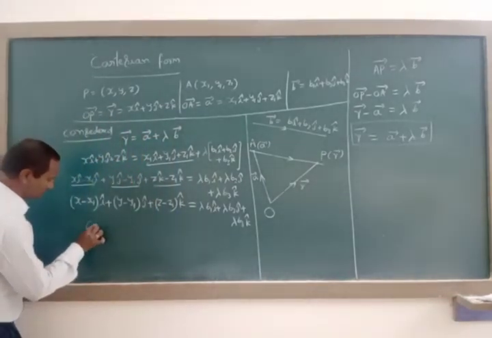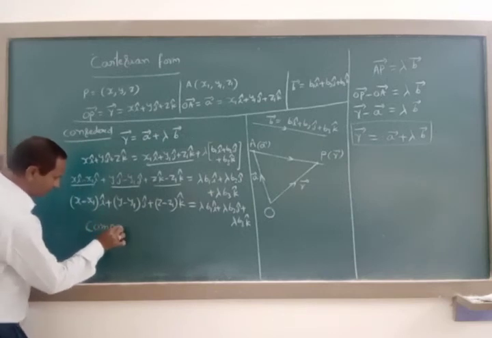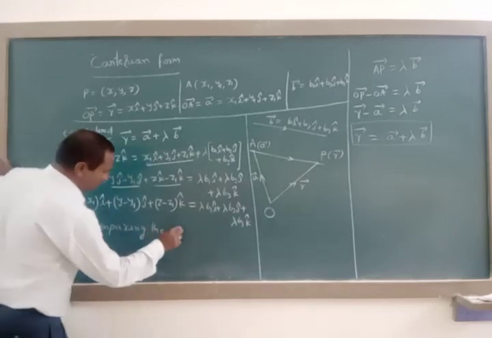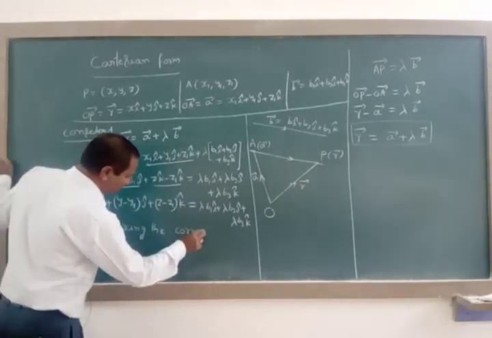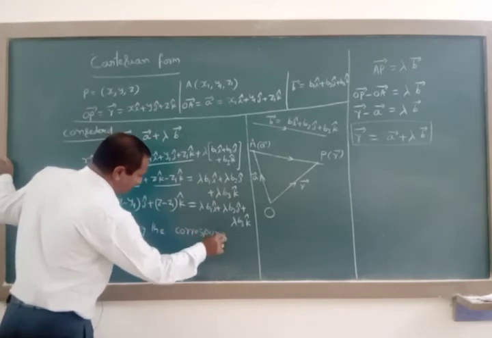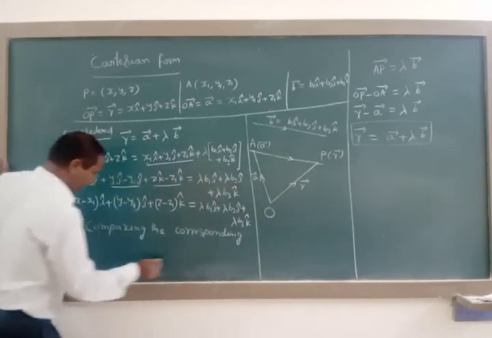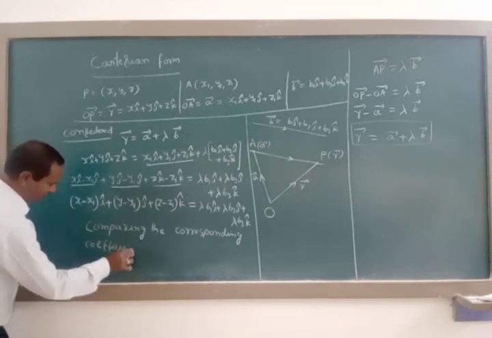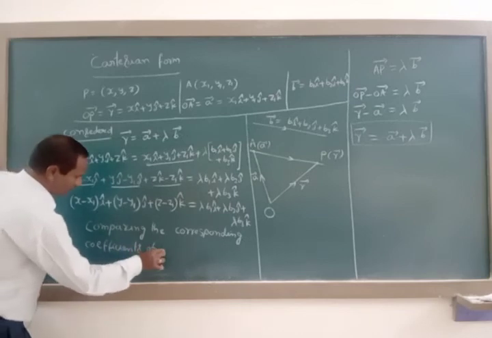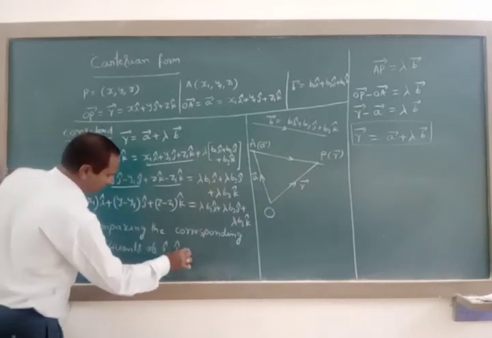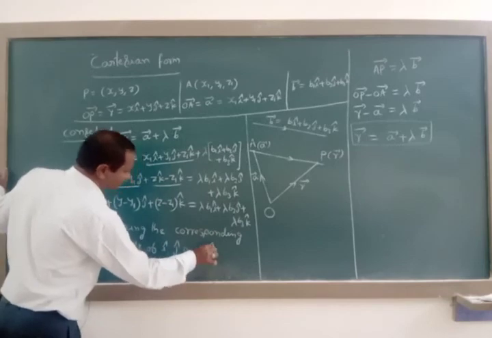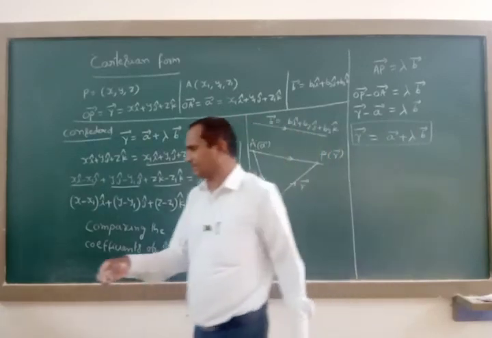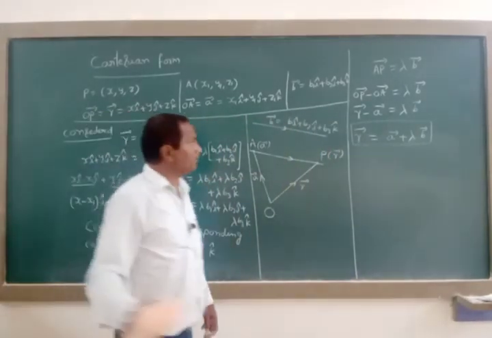We compare the coefficients because we are considering these two vectors to be collinear vectors. That is why we must compare the corresponding coefficients of i cap, j cap and k cap.